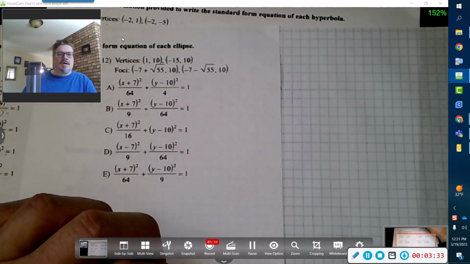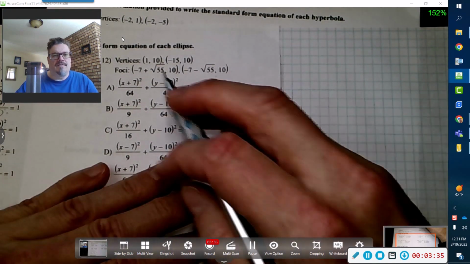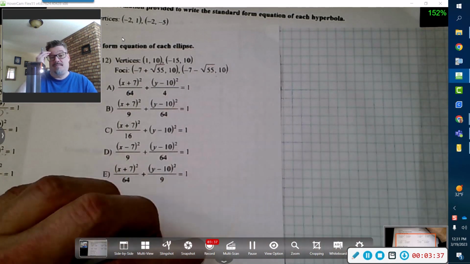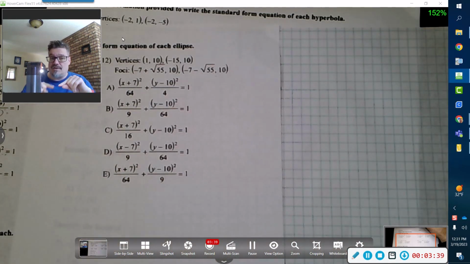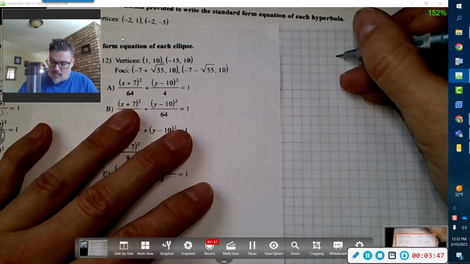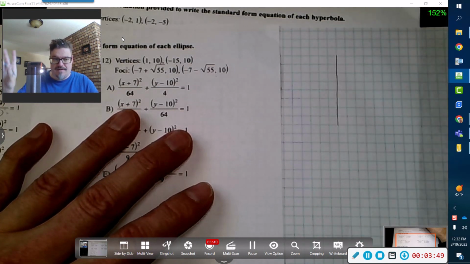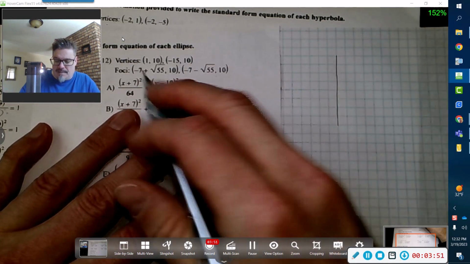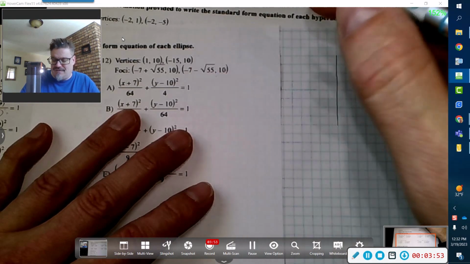All right, so vertices, now I've got foci, and I'm going to be using those foci to figure out where my co-vertices are. So this is going to be an extra step. But let's take a look here. Let's figure out where we are first, and then we'll worry about how the foci fit into everything. I'm at 1, 10 and then negative 15, 10.